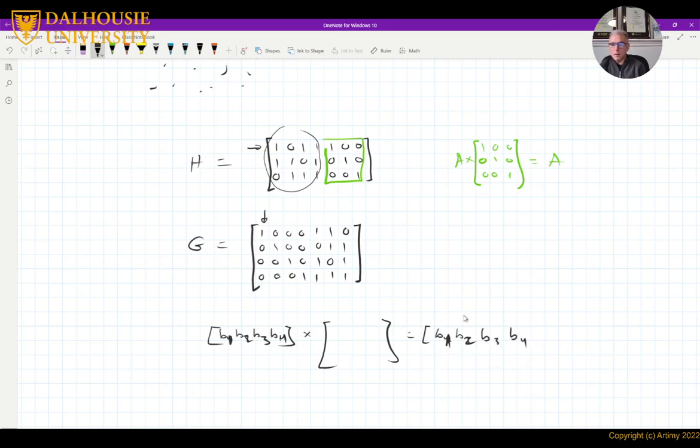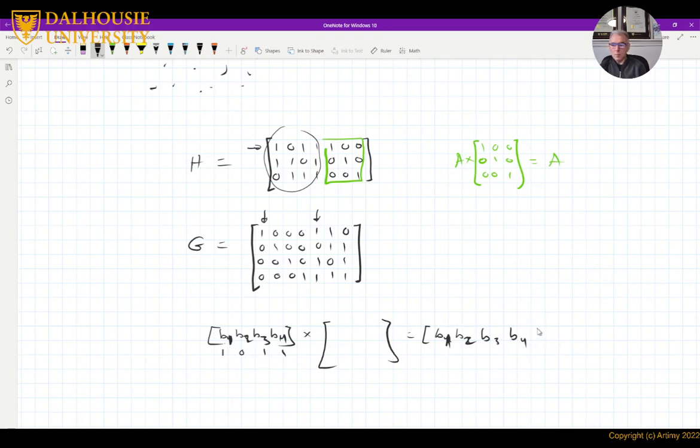And then this column will be multiplying B1 with 1, B2 with 0, which cancels it, and B3 and B4.